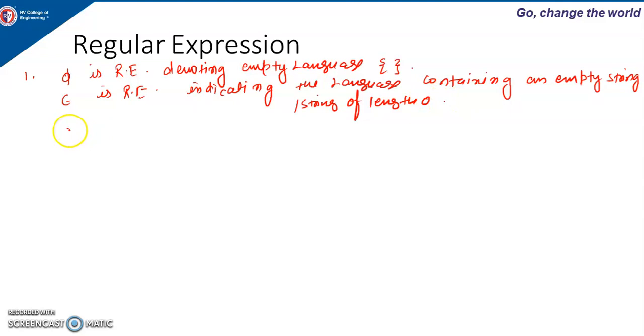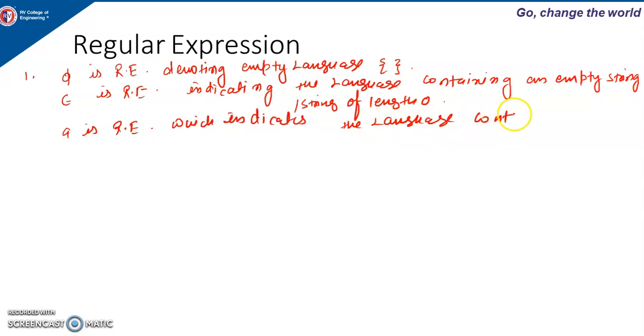And A is a regular expression which indicates the language containing only A. Then rule 2 is: these three are primitive regular expressions.